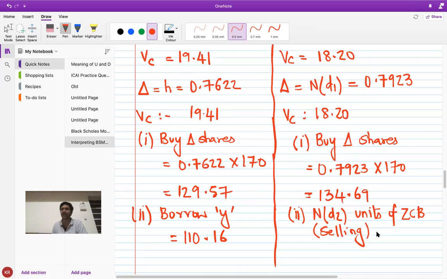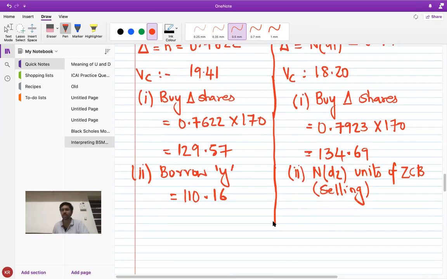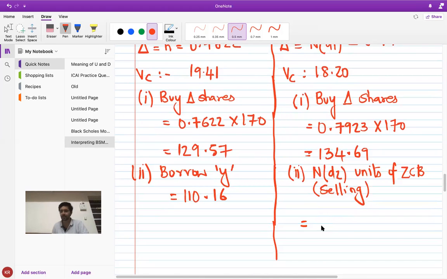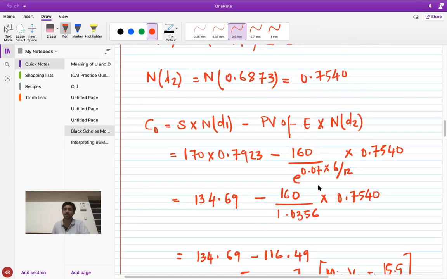We are selling N(d2) units of zero coupon bonds, which is nothing but borrowing. N(d2) in our example was 0.7540. So 0.7540 into the present value of the exercise price, where the exercise price was 160. So we did 160 divided by 1.0356, which is the price of one zero coupon bond.